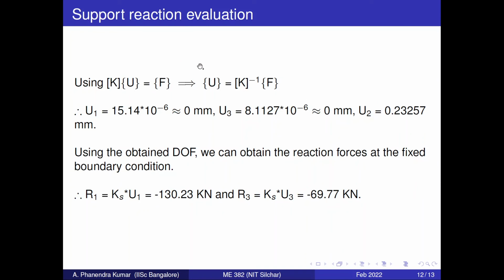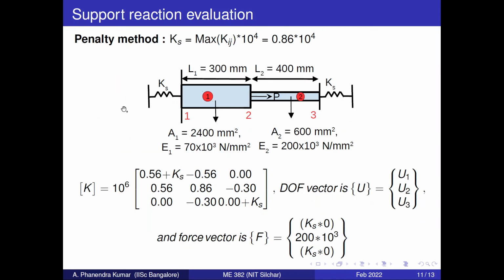We know exactly it is 0 there, but when you compare this displacement, it is approximately 0. So this is how we do it in penalty method. Now we have obtained the displacements, right? So we know the displacements and we know the forces also.